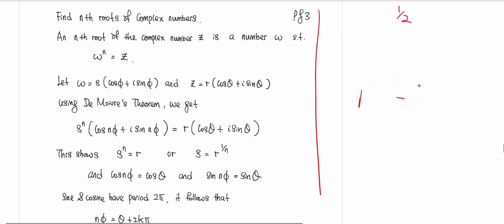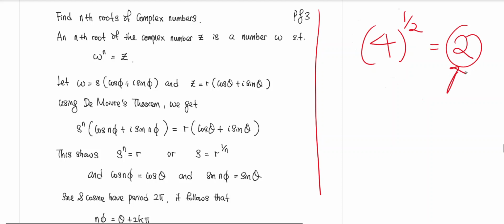Maybe you don't do 1 in high school. So let's say we are looking at the square root of 4. You know that this answer is 2, because this is the number such that if you square this number, you will get 4.